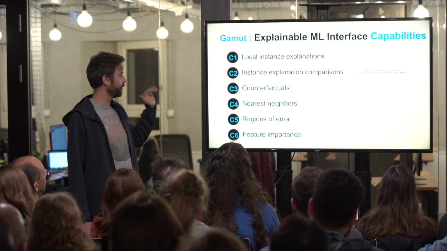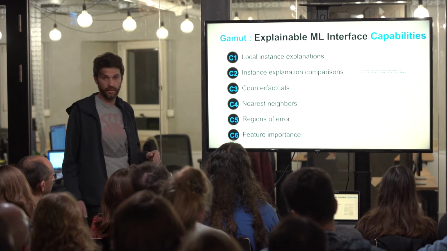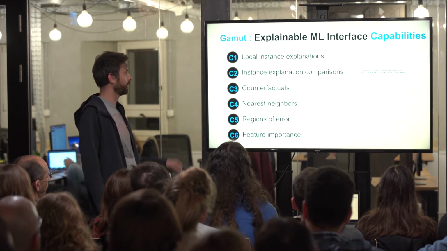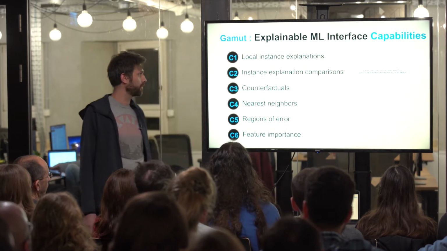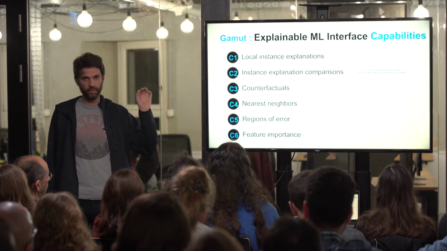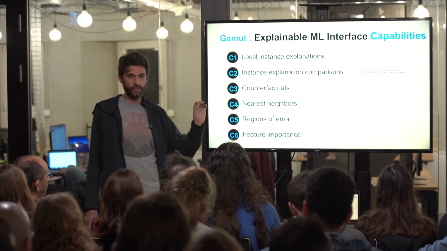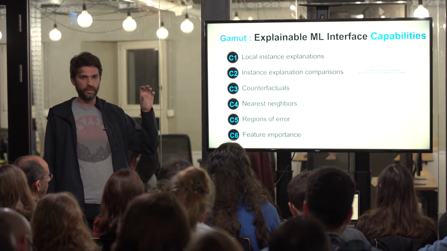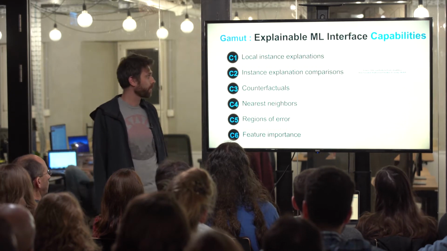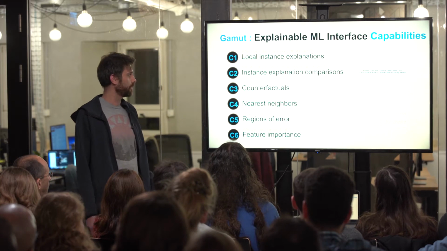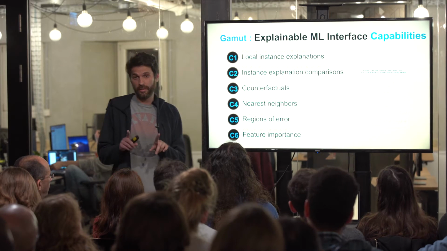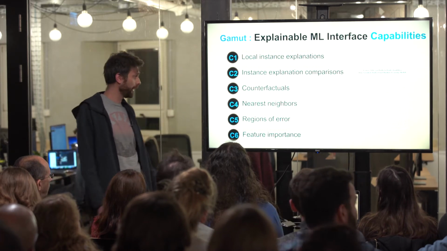They were translated and formulated into capabilities that a model debugging tool should provide. The question, why does this house cost that much, was translated to local instance explanation: being able to pinpoint an instance and explain what exactly caused the specific prediction of this instance to be as it is. What's the difference between the houses was translated into instance explanation comparison, comparing two instances and asking why they are different.